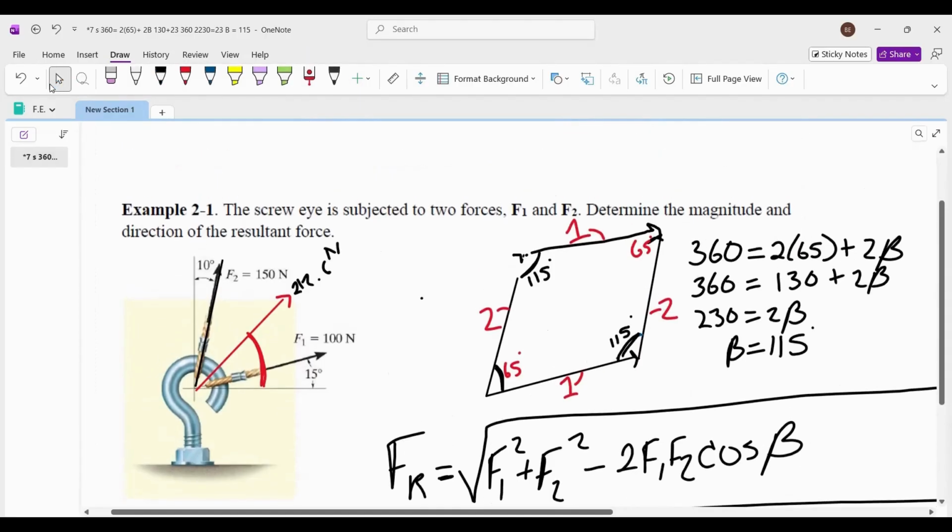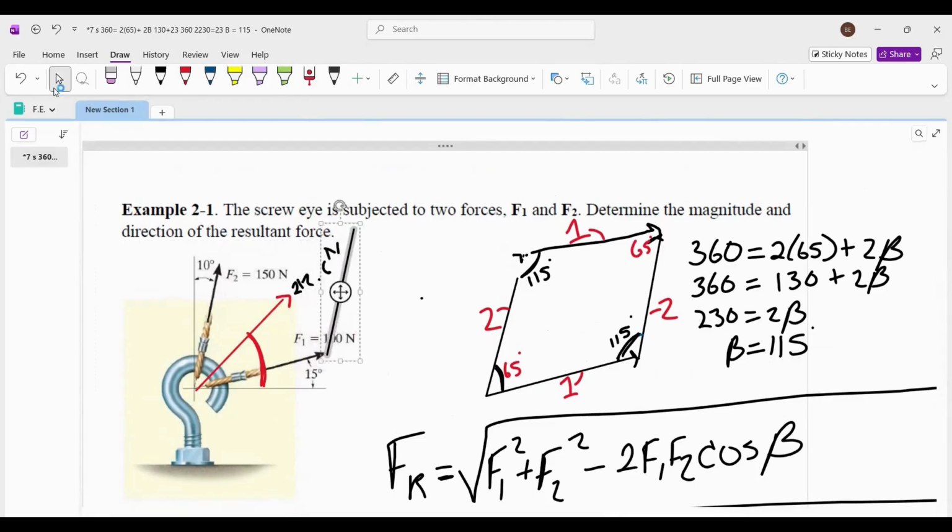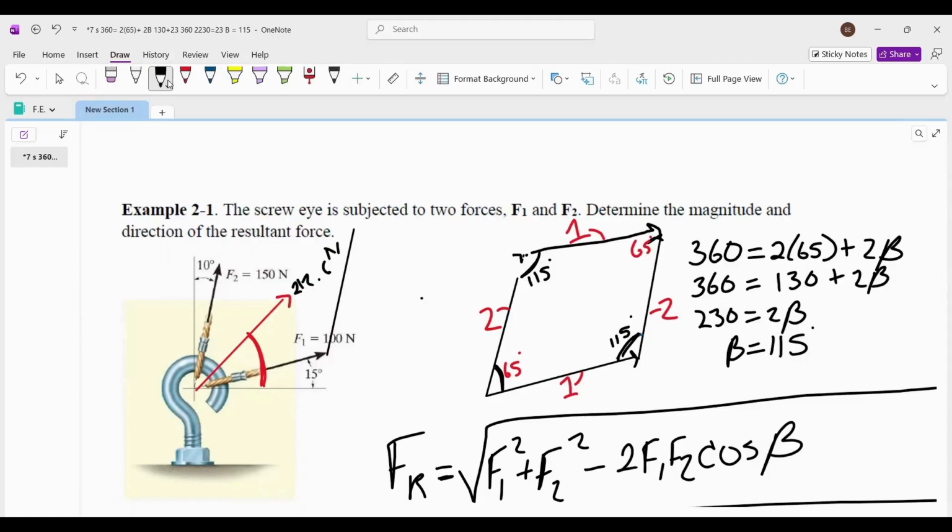Okay. Now let's retry this. We're just going to take this and move it to this side, again on the tip of F1. And then from there, we're going to take F1 and also just finish off the parallelogram.